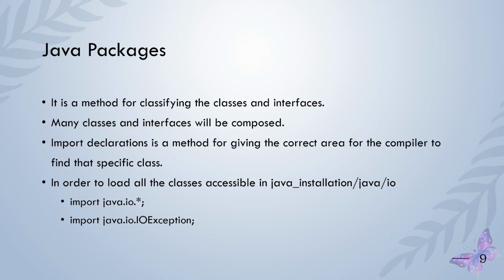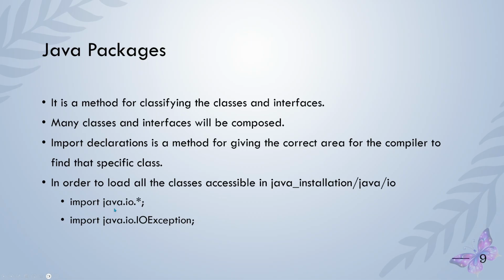Now when we want to import another class into my class, for example, I want to load all the classes that are accessible in java.io. So how do you import it?